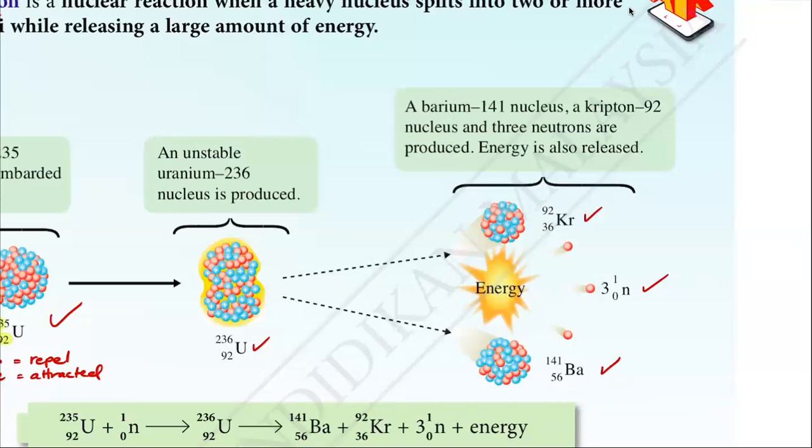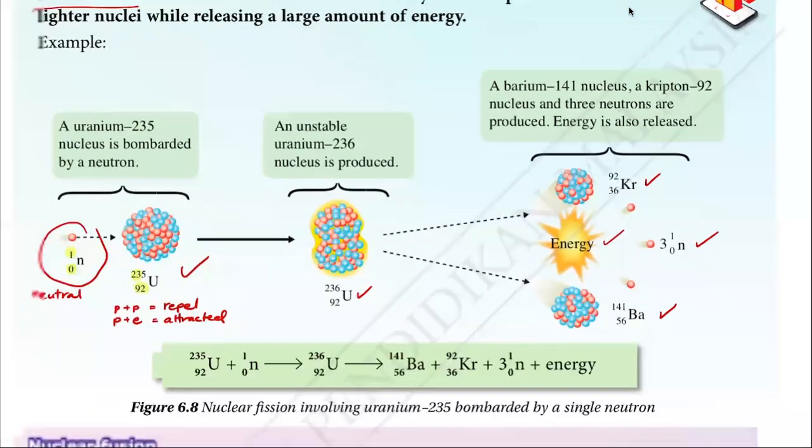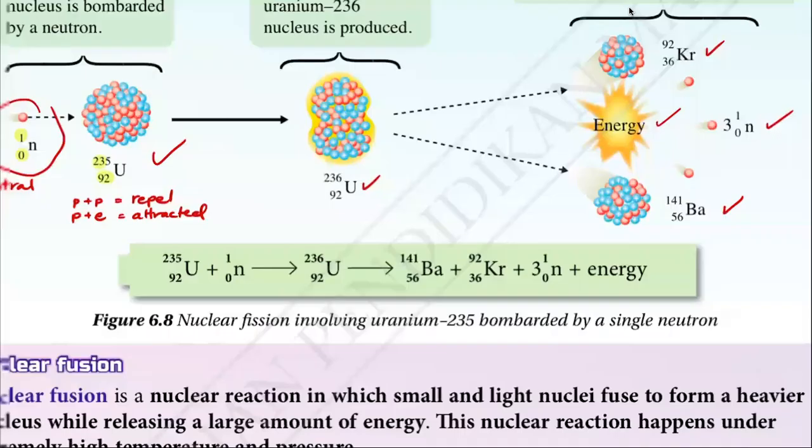In the process of splitting into two lighter nuclei, it will create a large explosion, which results in nuclear energy. So when you add all of the numbers again, this is the process. Let's check if the numbers are balanced on the left hand side and on the right hand side.